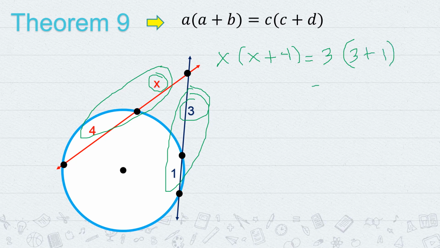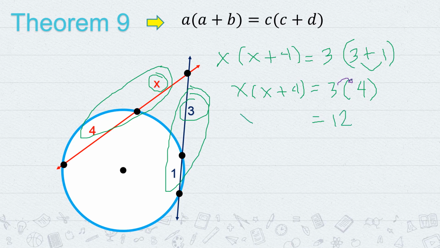Further simplifying, our equation is now transformed. For the left side, we just simply copy it, x plus 4. On the right side, we have 3 multiplied to 3 plus 1, which is 4. So 3 times 4, we are to multiply this. 3 times 4 is 12.